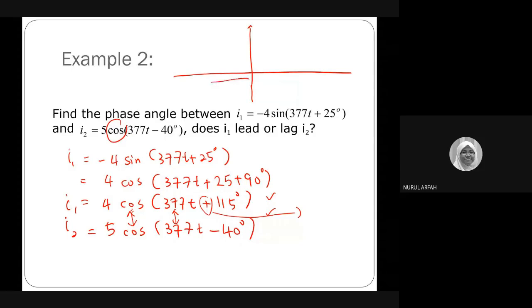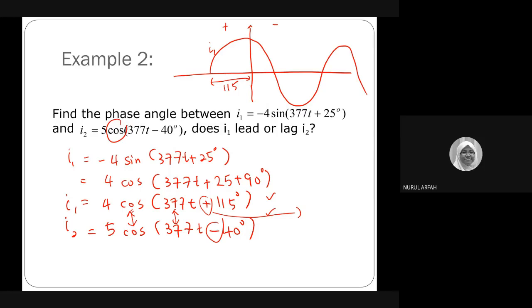So this part should be 115. This is a plus, this is a minus, right? So you can draw any waveform, maybe something like this. And then you have a negative here, negative 40. But before that, maybe you write down, this is signal number 1.